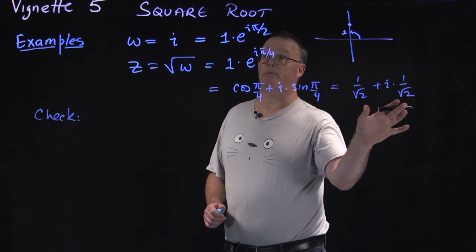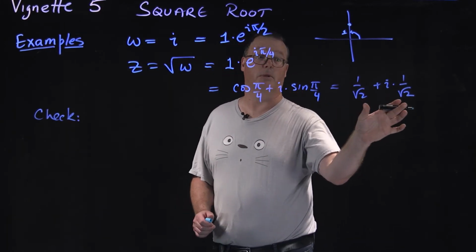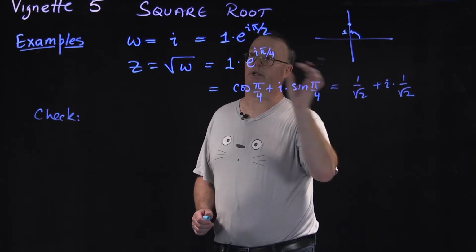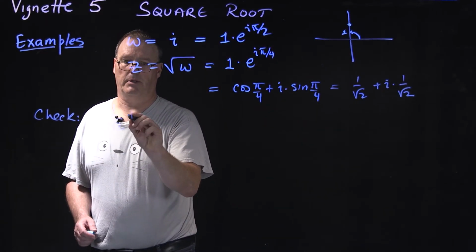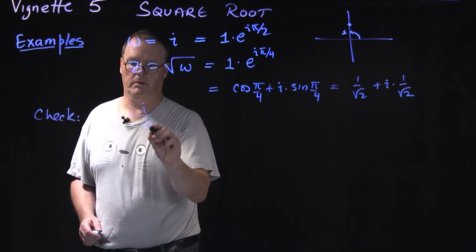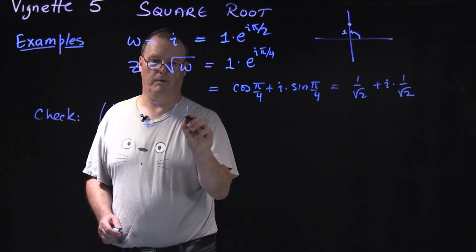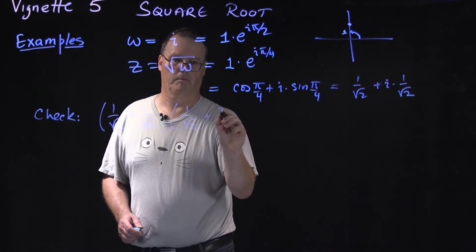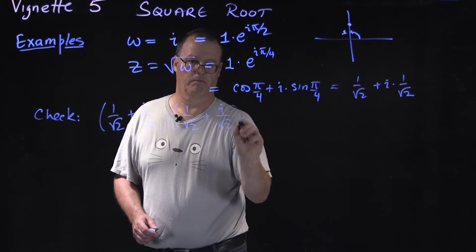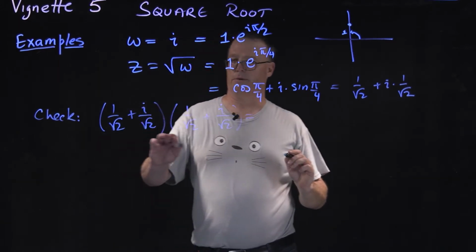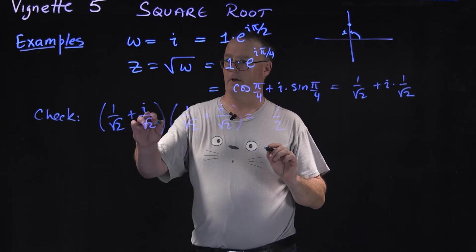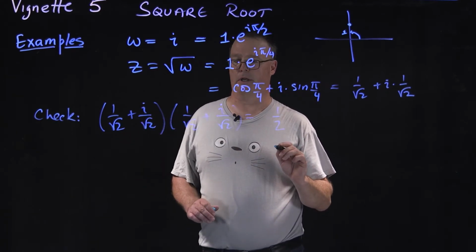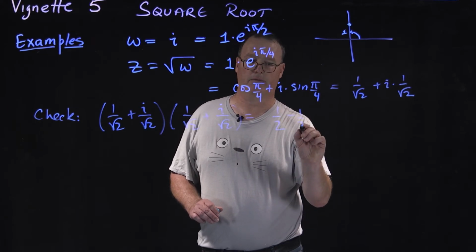If this number is supposed to be a square root of i, if I multiply it together with itself, I should get i back. So let's do 1 over root 2 plus i over root 2 times itself. So 1 over root 2 times 1 over root 2 gives us 1/2. i over root 2 times i over root 2 gives us minus 1/2.